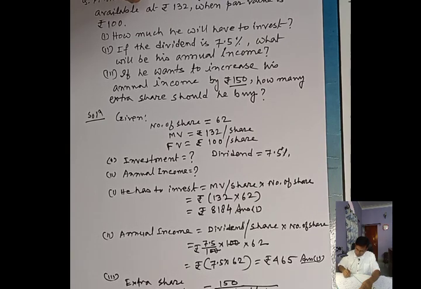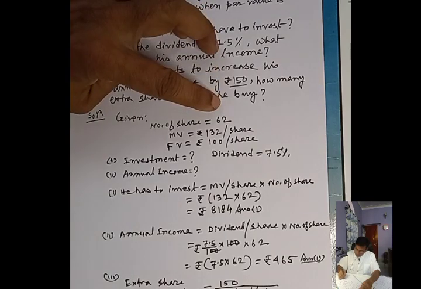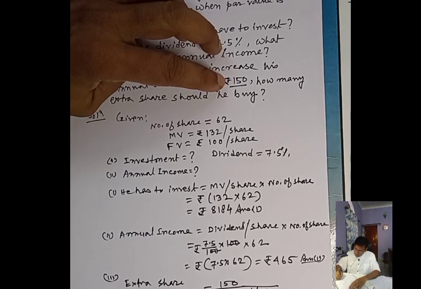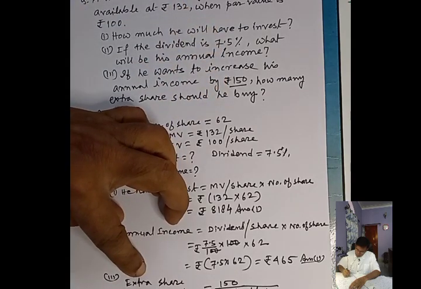Dividend per share is equal to 7.5% of face value, is equal to 7.5 divided by 100 into 100, is equal to rupees 7.50. So extra shares should be 150 by dividend per share.